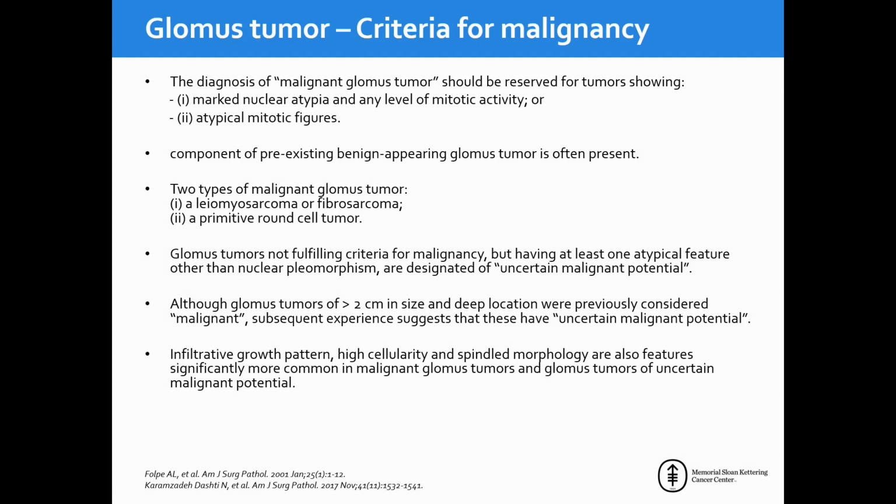When a glomus tumor becomes malignant, it can be of two types: one, a more spindle cell leiomyosarcoma-like or fibrosarcoma-like, or more like a primitive undifferentiated round cell tumor. If you have a tumor that doesn't fulfill criteria, you can put it in the uncertain malignant potential category.